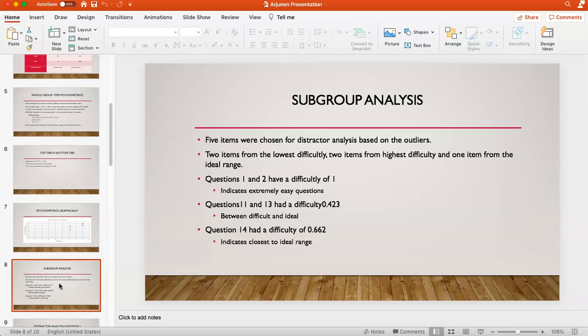Questions 1 and 2 have a difficulty of 1, which indicates the questions were easy because no students got them incorrect. Questions 11 and 13 have a difficulty of 0.423, between difficult and ideal, whereas question 14 had a difficulty of 0.662, indicating the closest range to being ideal.